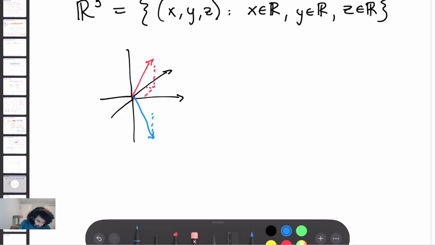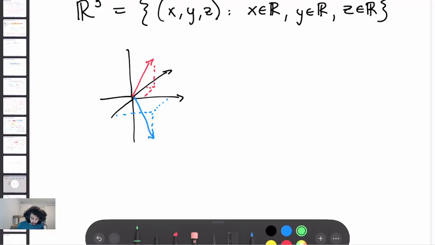So there's a couple of things that you can do with this structure, very naturally, that behave well with this geometric picture.